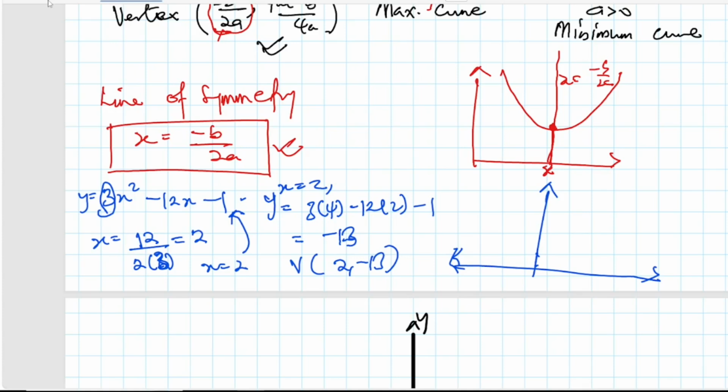So, okay, I think I should have drawn my x-axis somewhere up. So 2 here, negative 13 somewhere here. And this is the line of symmetry. Mostly it is drawn with broken lines, x equal to 2. And there's the turning point.